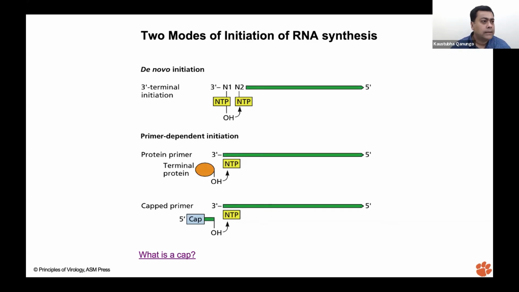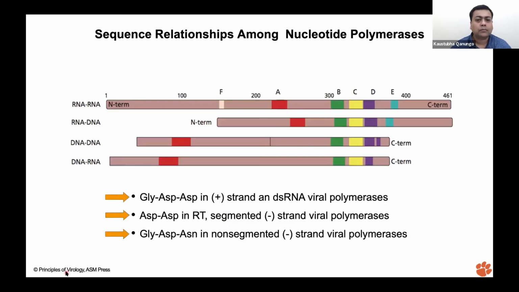All right. So the next thing that we are looking at is the sequence relationship among the nucleotide polymerases. Again, you do not have to memorize these things, just a couple of take-home messages: there is this GDD, the glycine aspartic acid aspartic acid motif, in all plus-strand and double-stranded RNA viral polymerases. Right here, you can see that this is a conserved motif in the yellow.